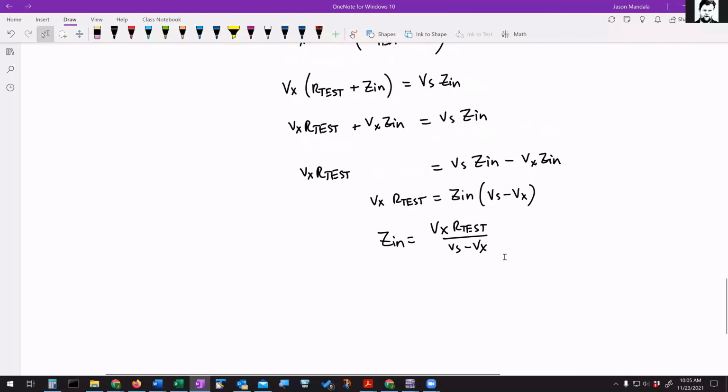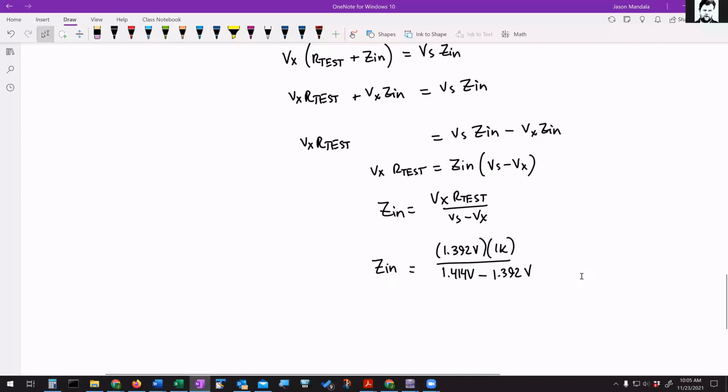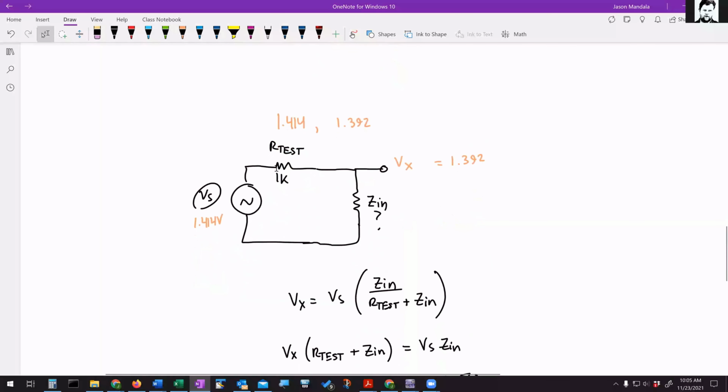Vx is what we just measured, the 1.392. R test is the 1K. Vs is basically the source voltage before you connected the test, which was 1.414, and Vx is again 1.392. So that should be the input impedance there. And that's basically what we're doing.